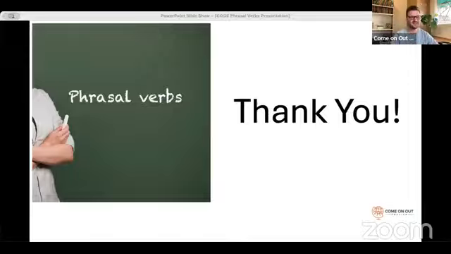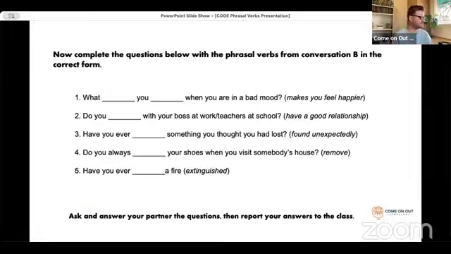Okay, friends, this has brought us to the end of today's lesson, but I want to give you one more task to do as homework. So I'm going to show you a task on the screen that I would like you to complete for homework and just see how many of these phrasal verbs you can remember. So here on the screen, you have 5 questions.